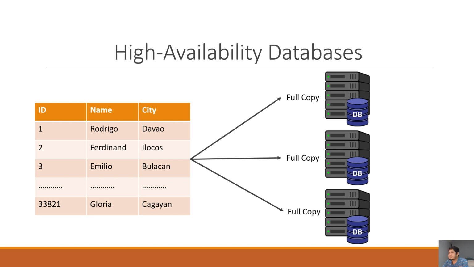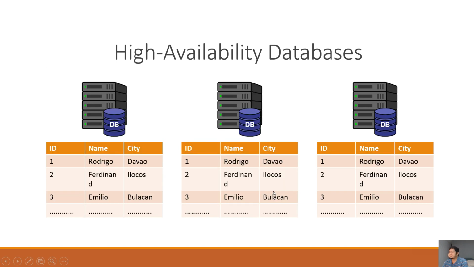Okay. Now for high availability, note the data in each node: a full copy of the master database, a full copy of the master database, a full copy of the master database. So, high availability of data.